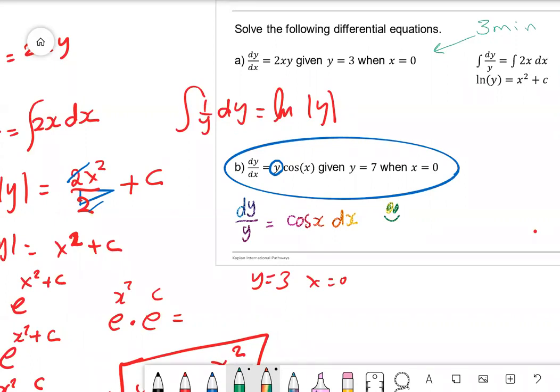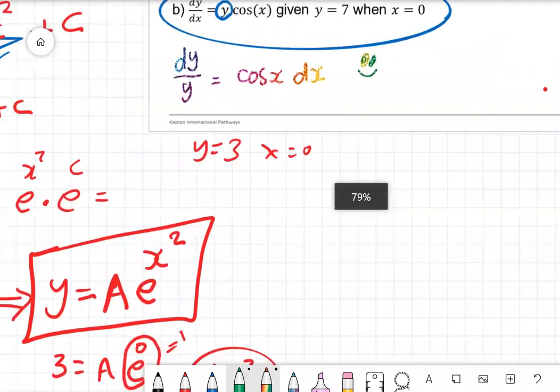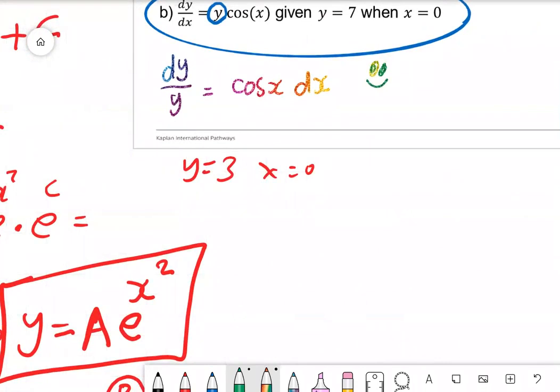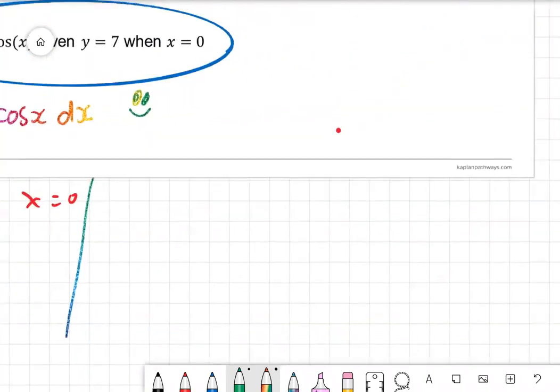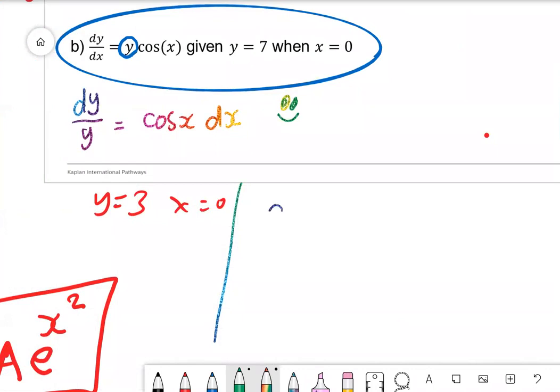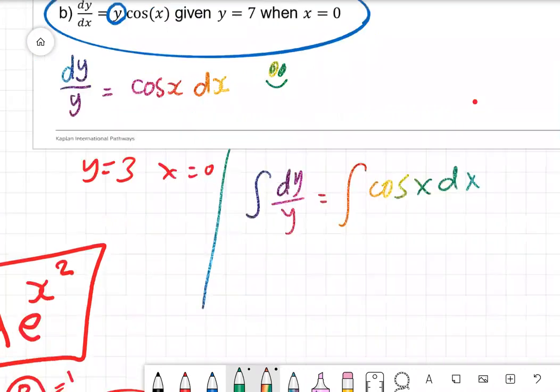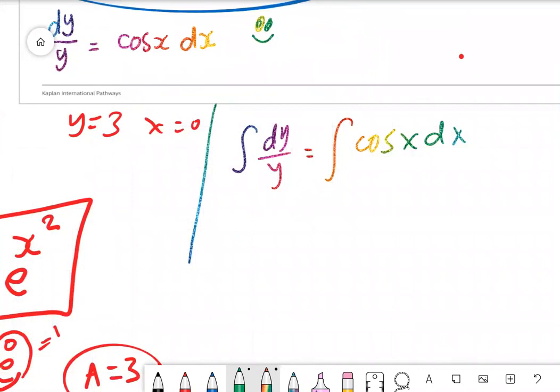And now we will integrate this. We do the integration of dy over y equals integration of cosine x dx. The integration of 1 over y is ln y. So ln y equals the integration of cosine, if you remember it, is sine x.